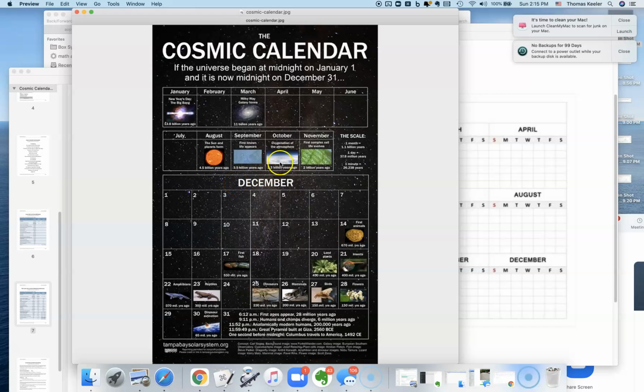Okay. Oxygen starts, complex cells of life, right? So we had life, but for a couple of billion years, a month is 1.1 billion years, only single cells. And then suddenly in November, we start seeing multi-cell life. But first animals, halfway through the last month of the cosmic year, fish.